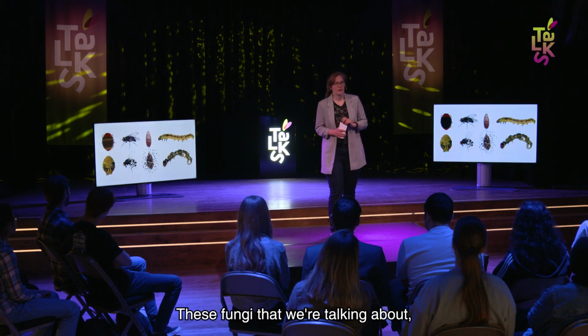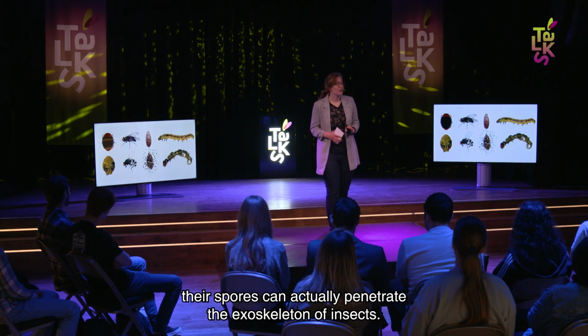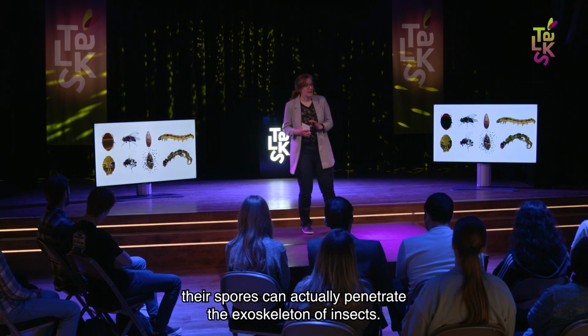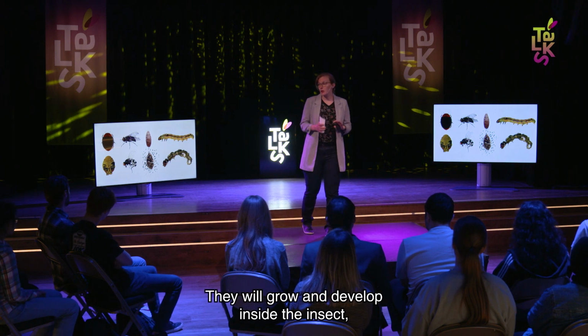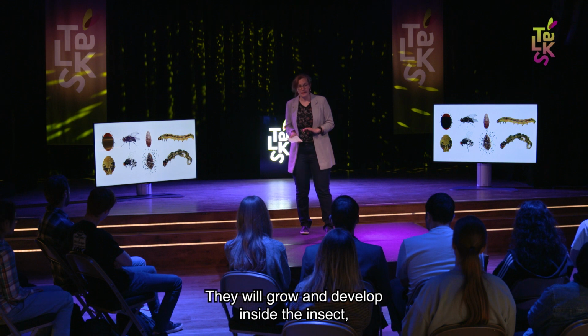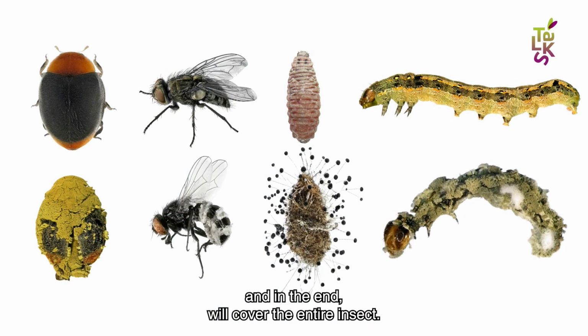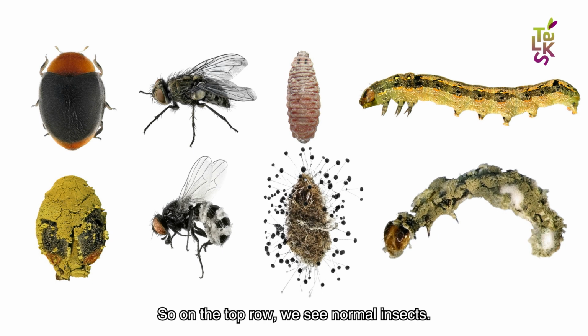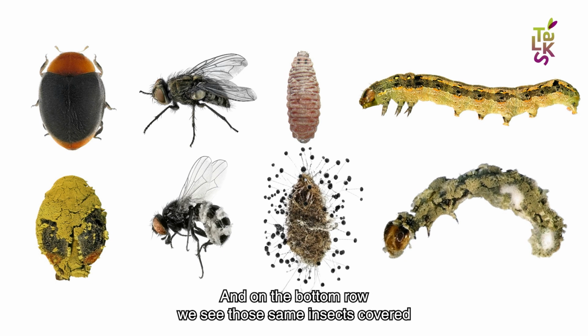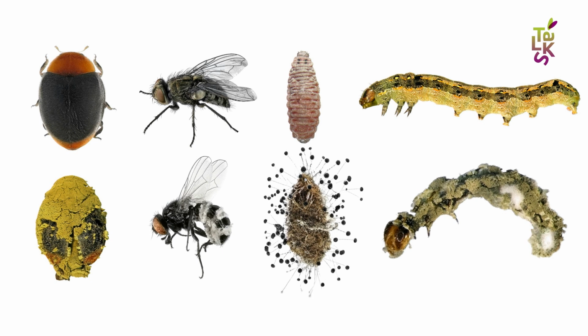These fungi that we're talking about, their spores can actually penetrate the exoskeleton of insects. They will grow and develop inside the insect, and in the end will cover the entire insect. So on the top row, we see normal insects, and on the bottom row, we see those same insects covered in fungi.